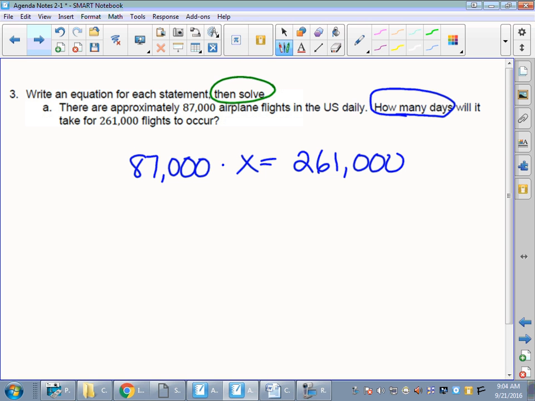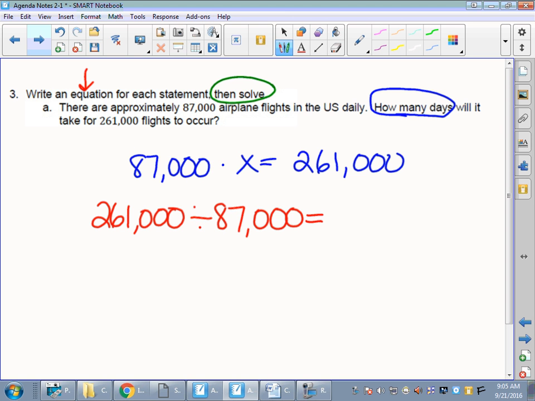So there's an equation. However, I'd be willing to bet that a lot of you aren't going to think of it that way. You're just going to go right to dividing. Anybody going right to dividing? I'd be willing to bet that I would see some 261,000 divided by 87,000. It does tell you to write an equation, so I know I have an equal sign in here.